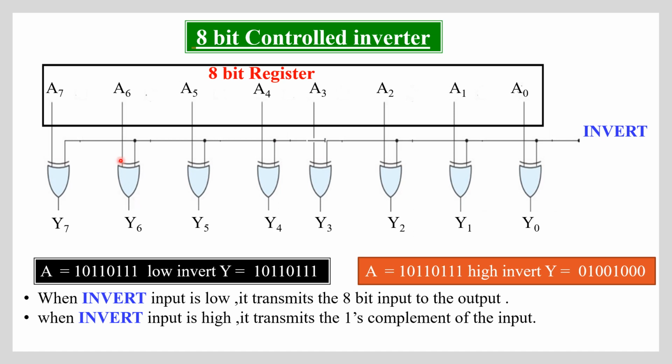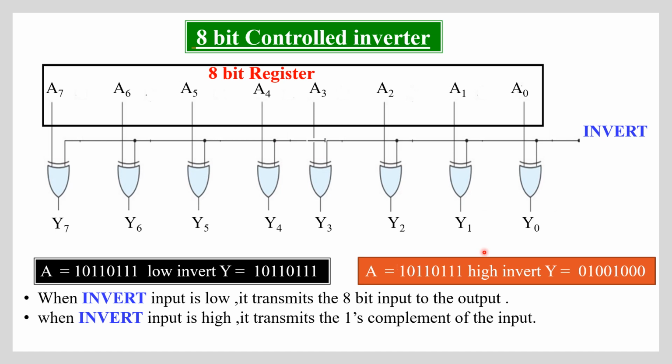For example, if the register contents are A7, A6, A5, A4, A3, A2, A1 and A0. Let us take an example. It is 1 0 1 1 0 1 1 1. Then a low invert produces the output Y7, Y6, Y5, Y4, Y3, Y2, Y1 and Y0, then Y is equal to 1 0 1 1 0 1 1 1.